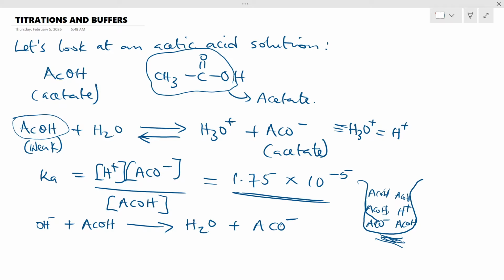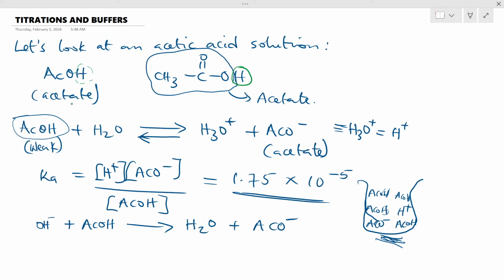So let's look at acetic acid as an example here, and we gave the structural formula of acetic acid forming what? Acetate. This gives off hydrogen ion.